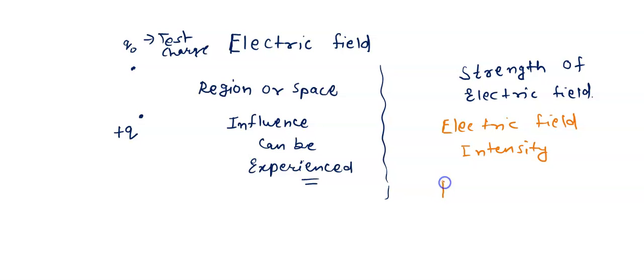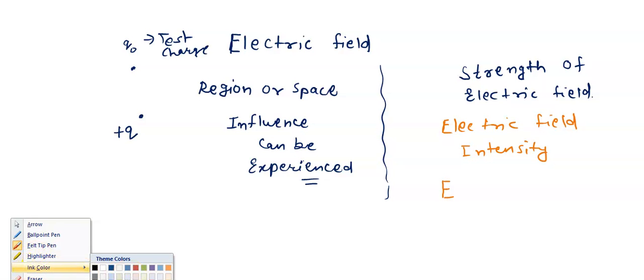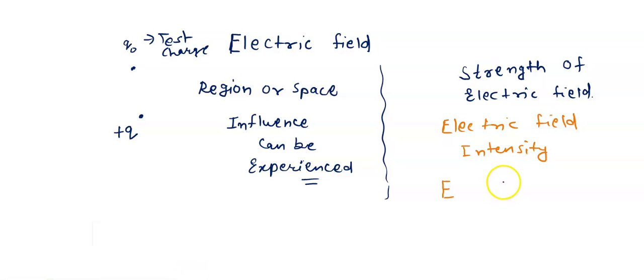So suppose we have to find the electric field strength at a point. For that we define it like this: electric field intensity at a position R is given by the force experienced at that position by a unit positive test charge.